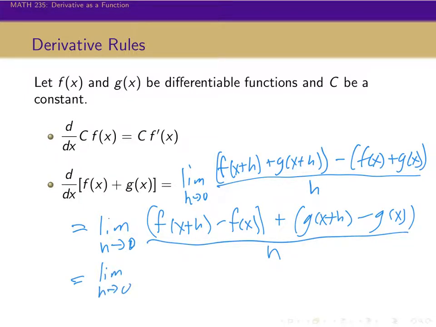And so then at this point we can actually break this up into two separate limits. Minus f of x all over h. And so this is using limit rules that we saw before.